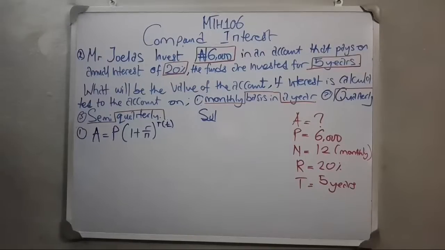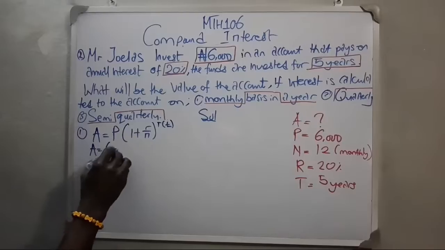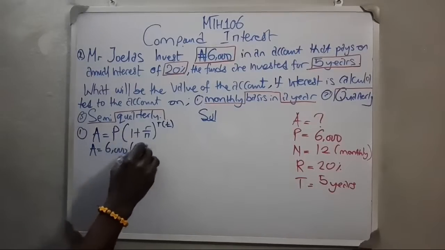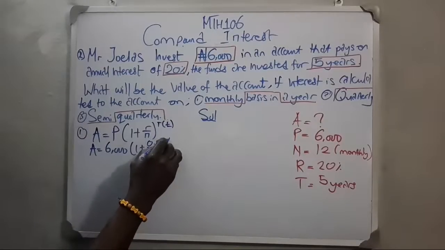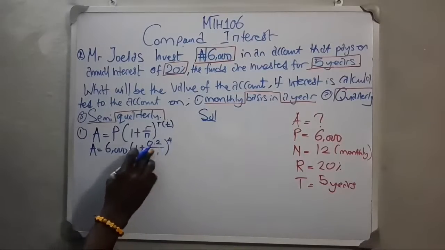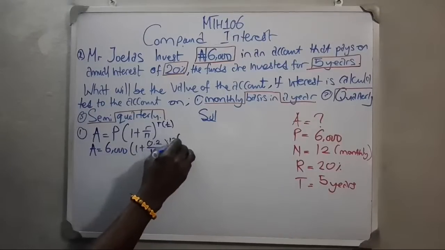A, we don't know what A is. P is 6,000 naira, 1 plus R, which is 0.2, that is 20%, over N, which is 12, into brackets 5.